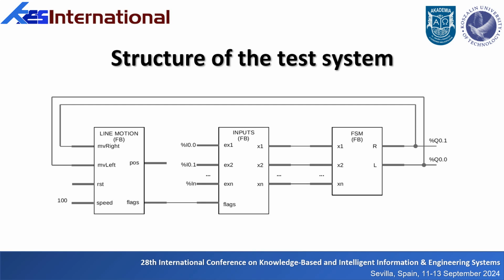The input signals to the FSM block are formatted in the inputs block based on information from the physical inputs %A0.0, %A0.1, etc. and from the flags output of the line motion block.